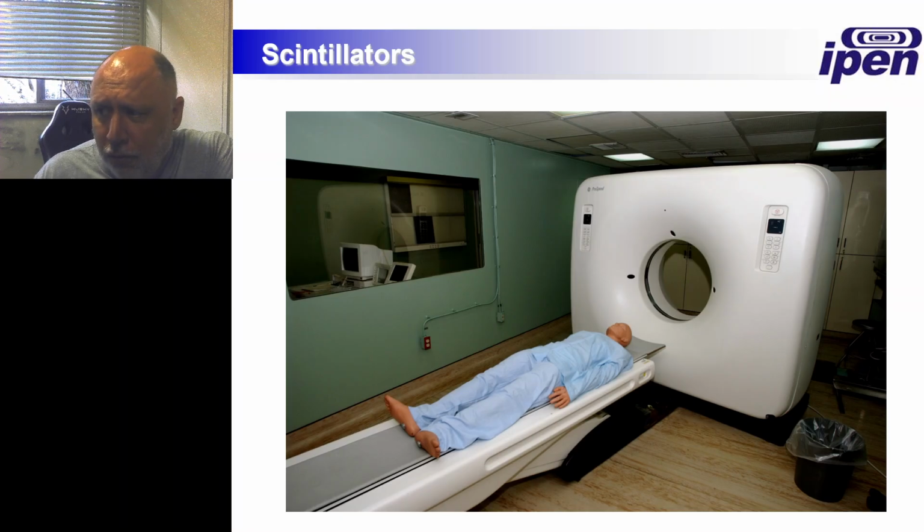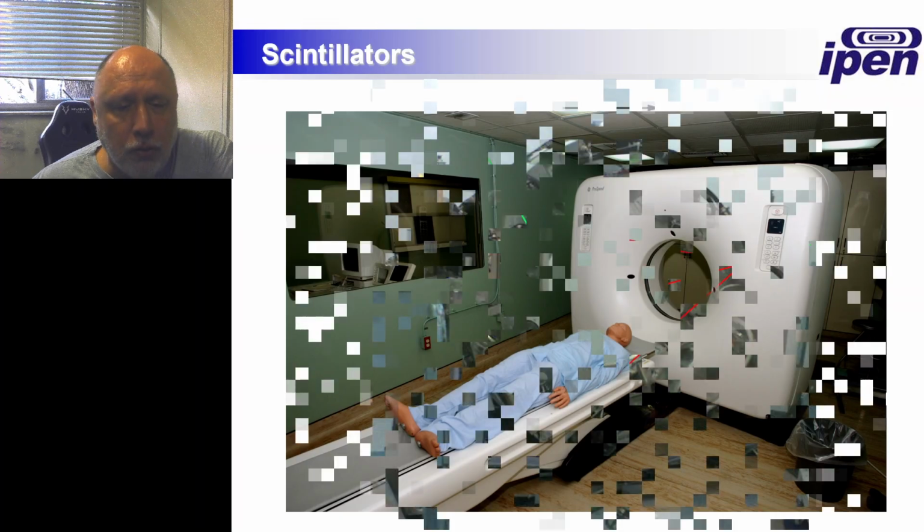You need efficiency, and you need it not to be that expensive. They are expensive, but imagine if we used an even more expensive detector within it, right? So scintillators, and the old things they used called gamma cameras, were the predecessor of these tomographers. They also used scintillators, right?